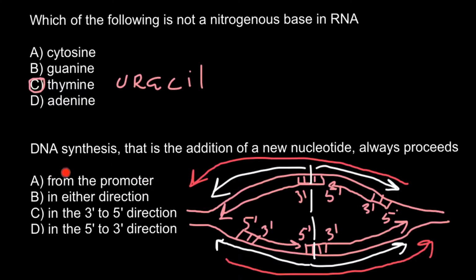But actually the promoter promotes transcription of the gene, and that means that a new RNA strand would be made from the template strand of the DNA. So our question is about DNA synthesis, not about RNA synthesis. So that's why we also exclude this answer.